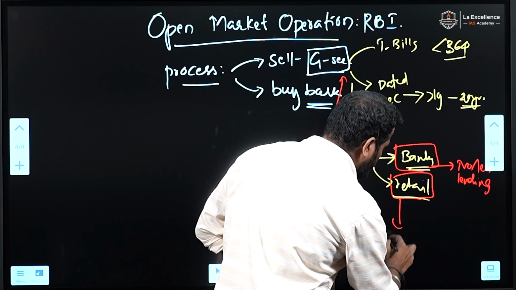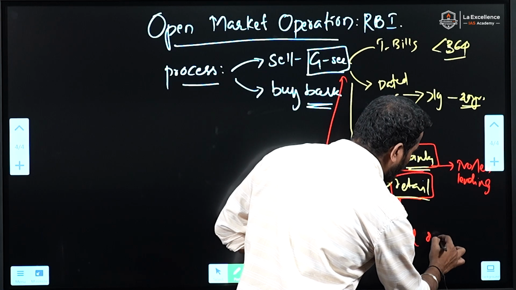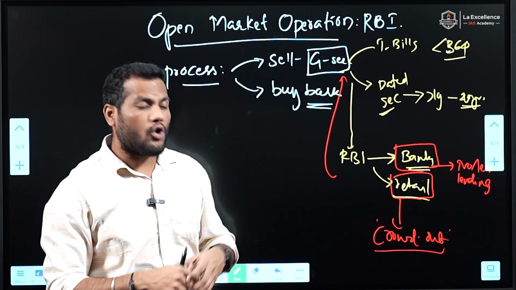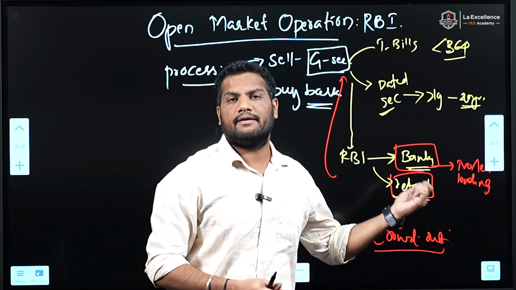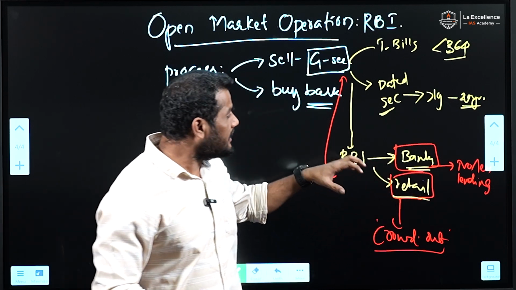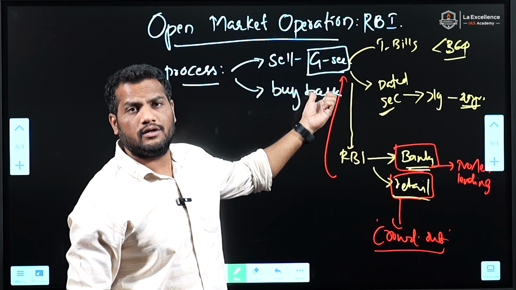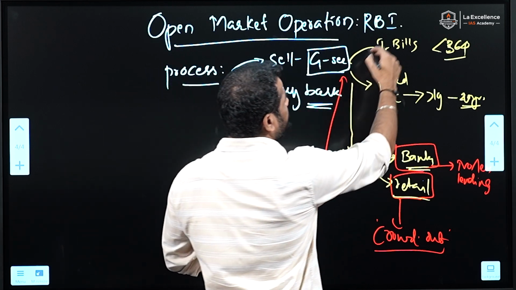This will create a situation called crowding out. It means private entities are not able to raise money from the Indian market, because all the money in the market is now borrowed by the government to meet its fiscal deficit.